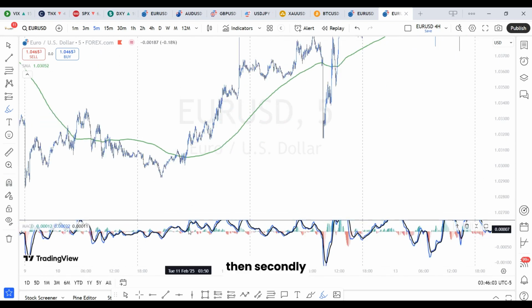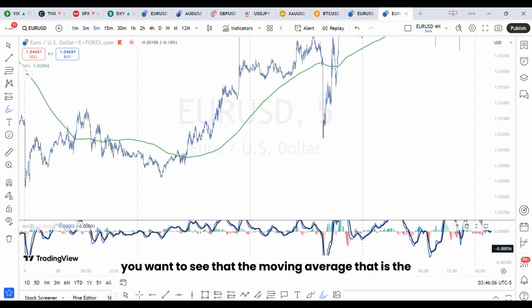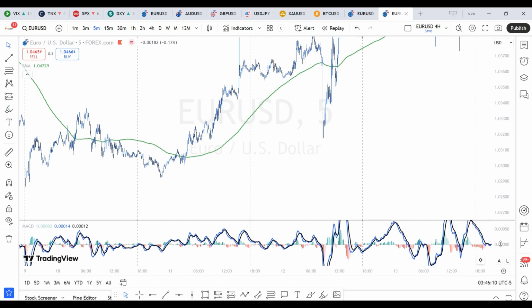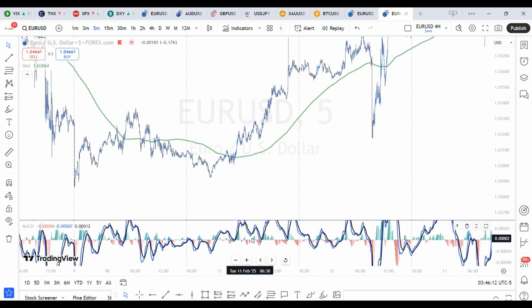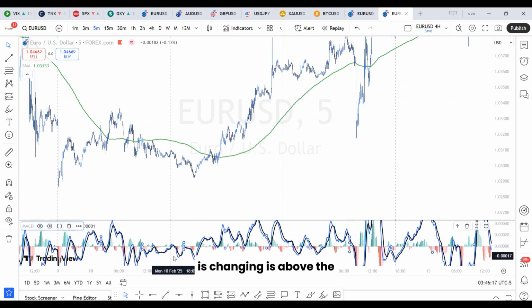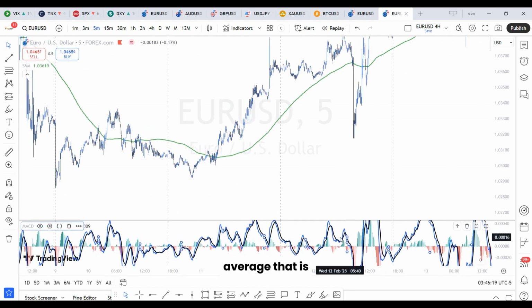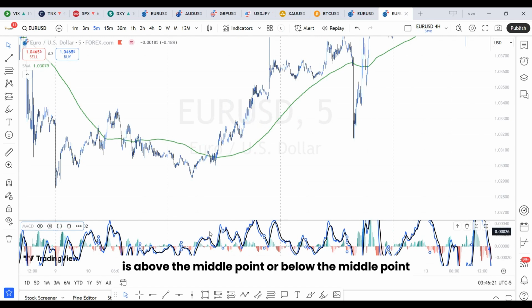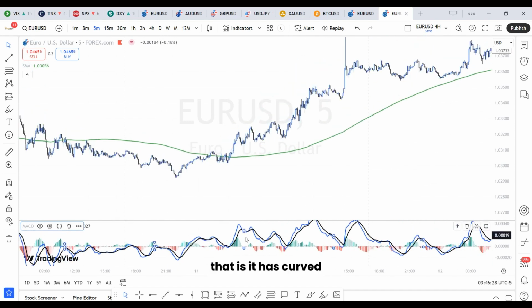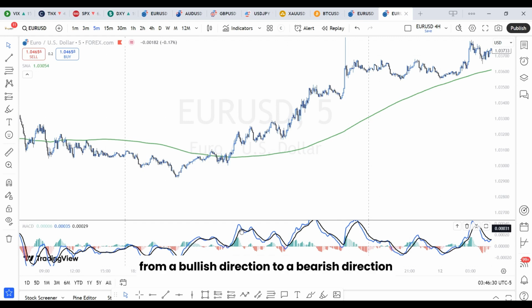Then secondly, you want to see that the MACD is above the middle point or below the middle point, and it has curved from a bullish direction to a bearish direction, or from a bearish direction to a bullish direction.